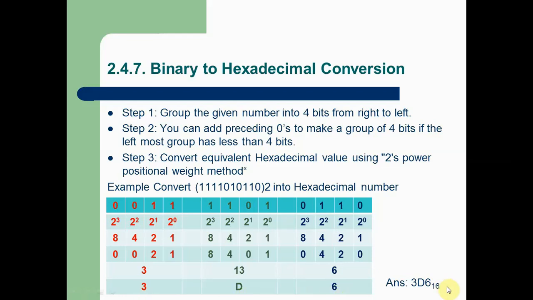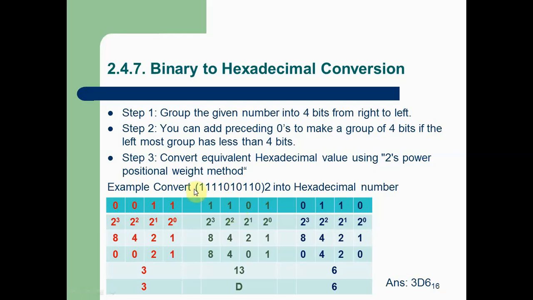3D6 base 16. Remember the concept: any digit greater than 9 should be converted into its equivalent hexadecimal value. So this is the simple method for converting binary to hexadecimal. What we do is group the binary digits by 4 bits from right to left.